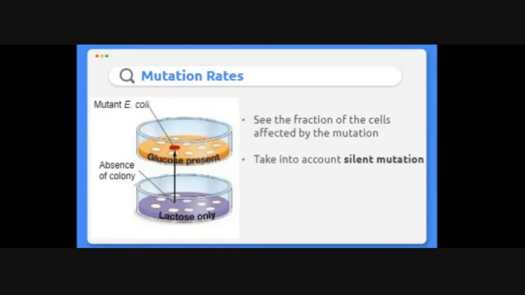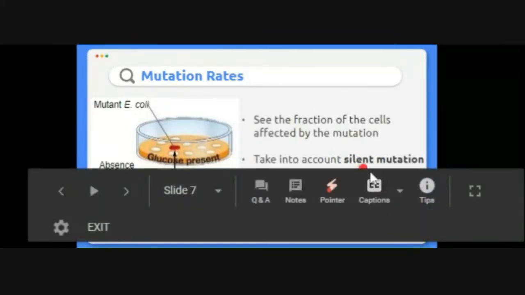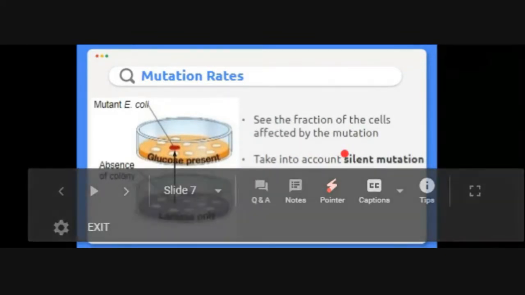So, those are silent mutations. But we will discuss silent mutations further in our next lectures para mas maintindihan nyo at mas ma-appreciate nyo ang silent mutations. But ngayon, now that you have to take into account your silent mutations and your observable mutation, you can now compute for your mutation rate.